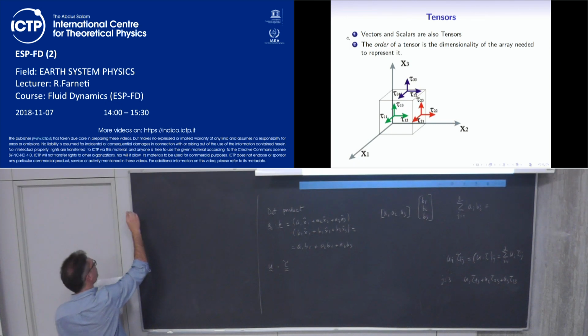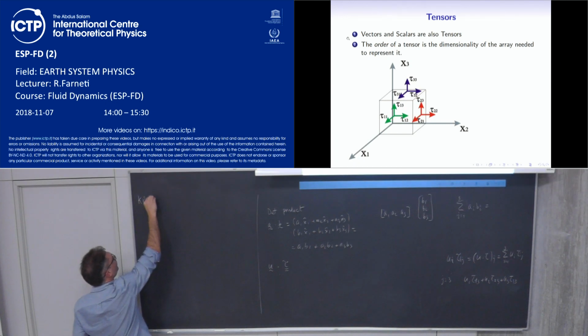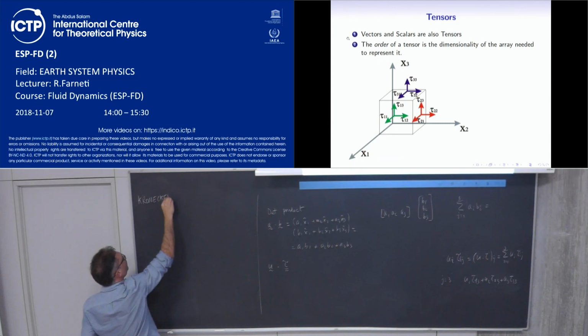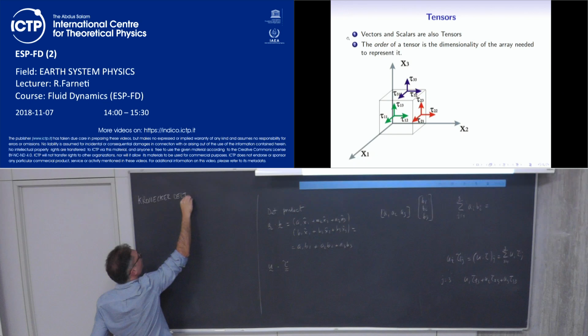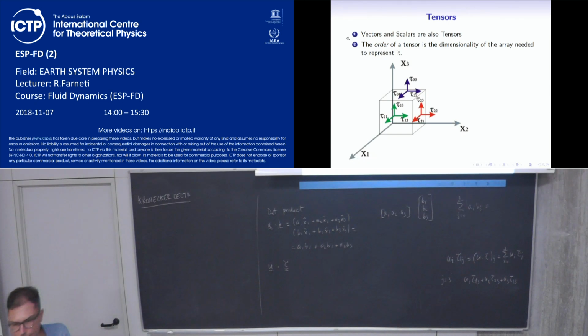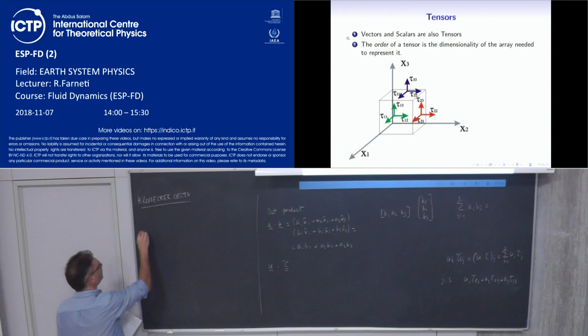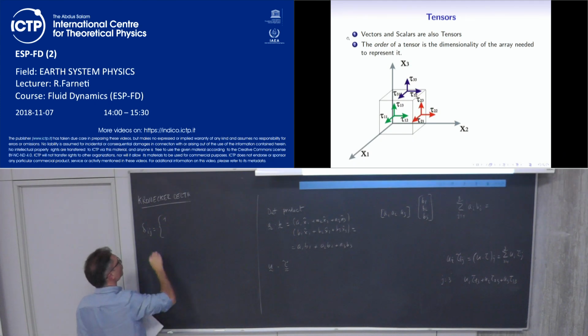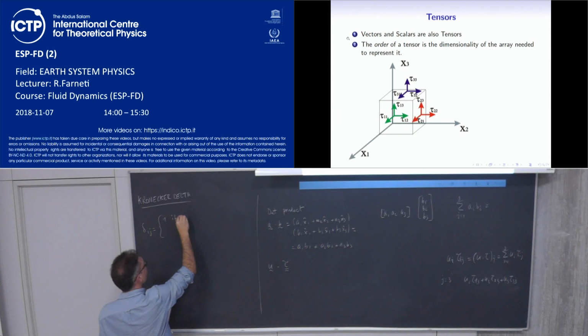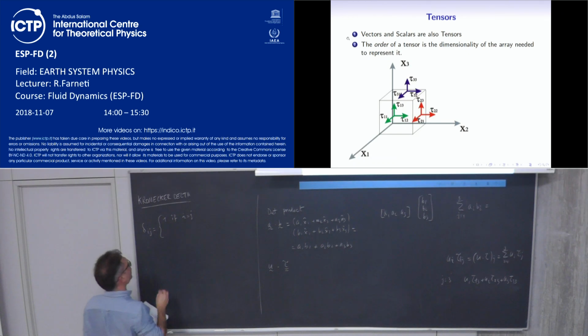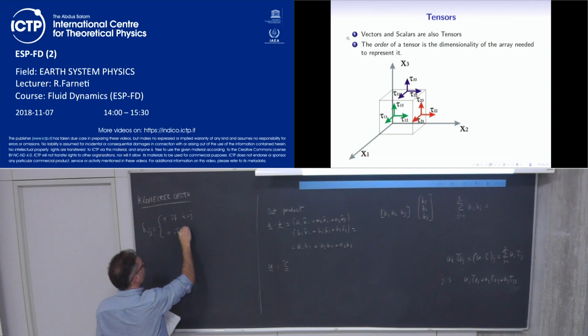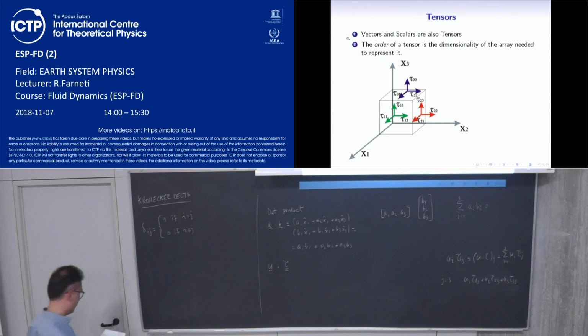So when doing operations in tensor notation, we're going to use some tensors with very useful properties. And one of them is the Kronecker delta. Kronecker delta, delta ij, is equal to 1 if i is equal to j, and is equal to 0 if i is not equal to j.